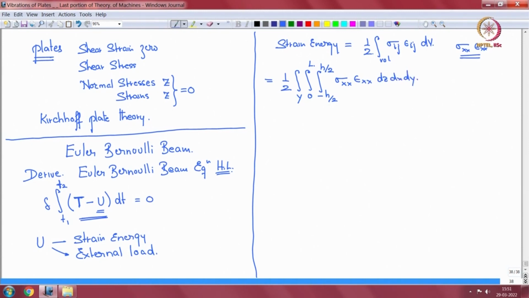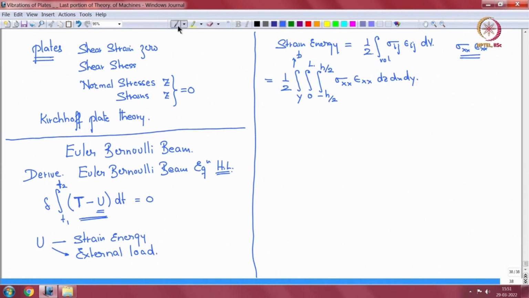Now there is no dependence in the y direction, so this will give me the width of the beam. Let us say it is b.